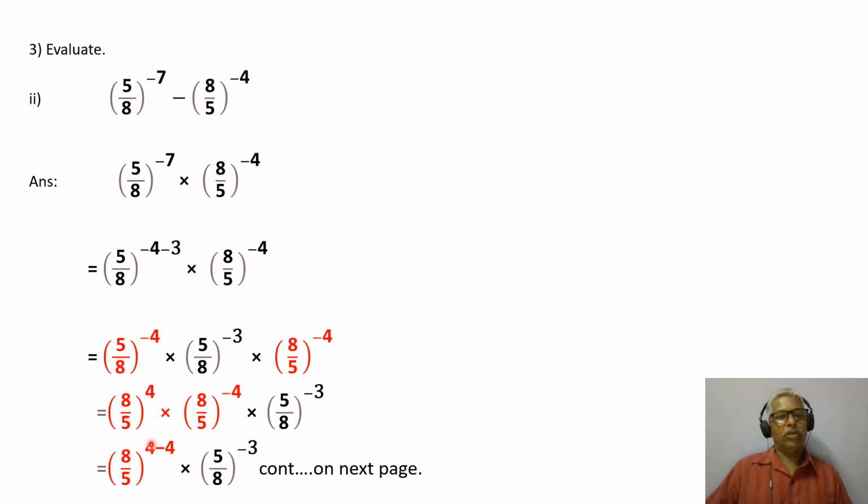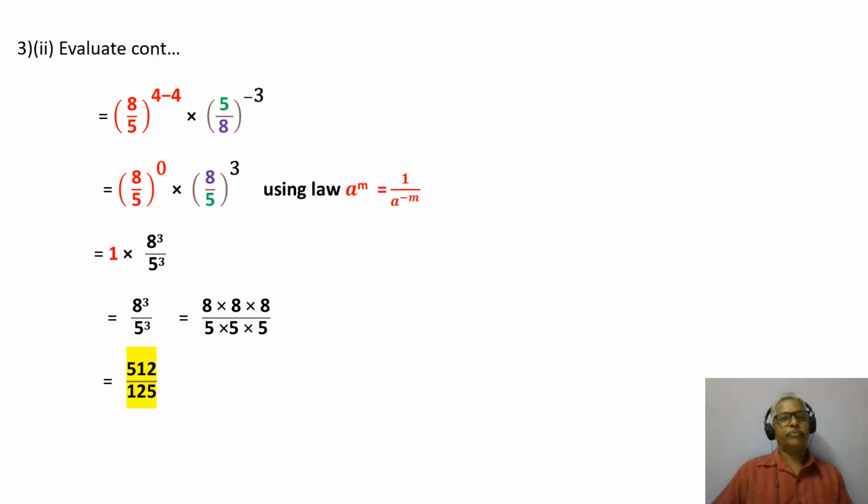Okay, now use a law for this. 8 upon 5 raised to 4 minus 4 into 5 upon 8 raised to minus 3 as it is. We will continue on the next page. Okay, so evaluate 2 continues. This was the step from the last page, written here.